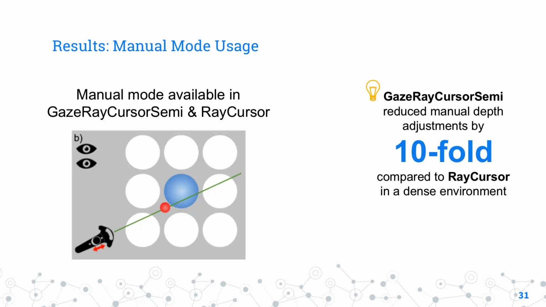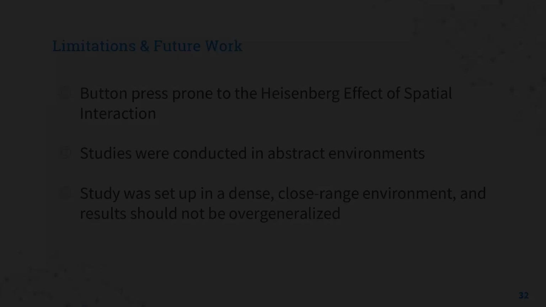So we would need to manually move the cursor behind the distractors blocking the target. But on the other hand, the manual mode was triggered much less often for GazeRayCursor Semi, which again is an indication that the GazeRayCursor technique by itself, without manual adjustments, was often sufficient for selecting the target.